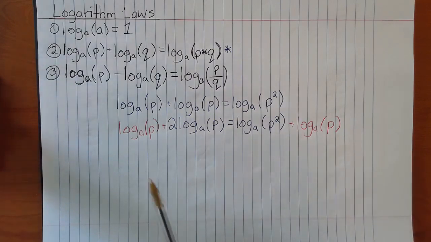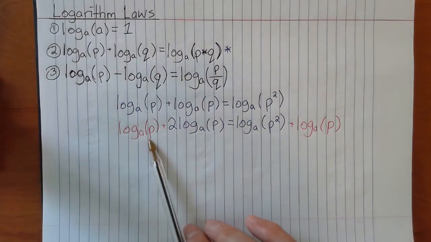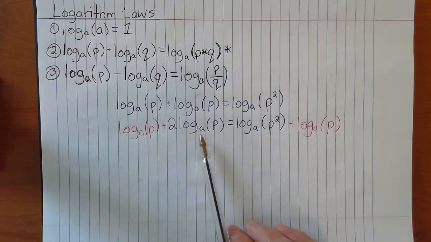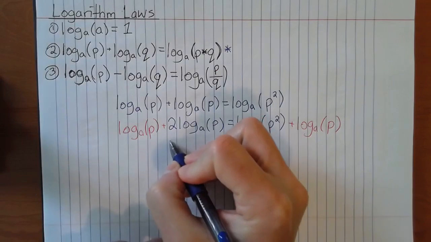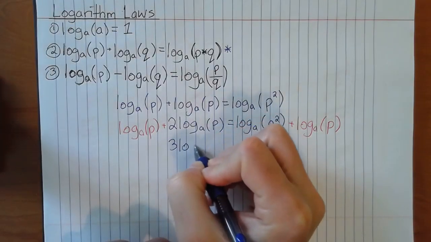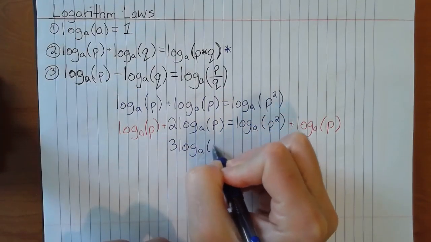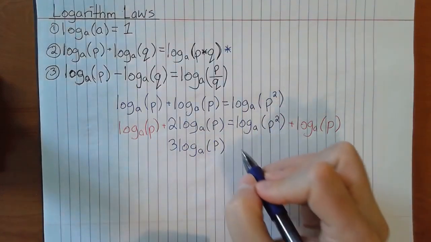Looking at the left side, now we have 1 log base A of P and then 2 more of them. That just means that we have 3 of them total: 3 log base A of P.